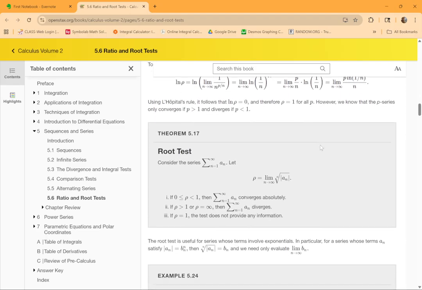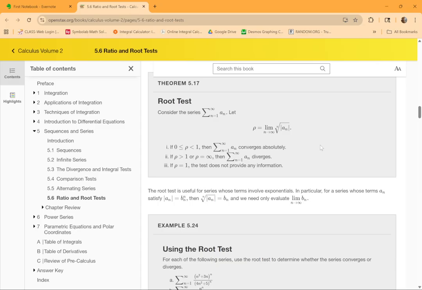In our application, we're going to take the nth root of the absolute value of the terms, so strictly positive terms. We are going to calculate that limit, and we are looking for the limit to be between 0 and 1 for absolute convergence.